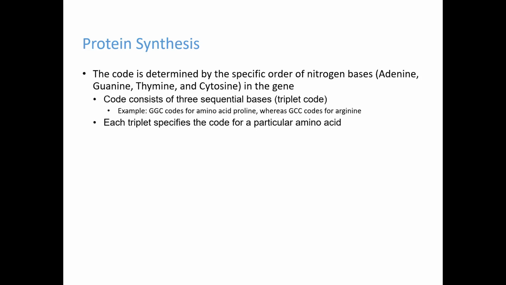But how do we get proteins from DNA? Well, it has to do with the order of the bases. The code to make any protein is determined by the specific order of the bases. There's only 4 bases: adenine, guanine, thymine, and cytosine.